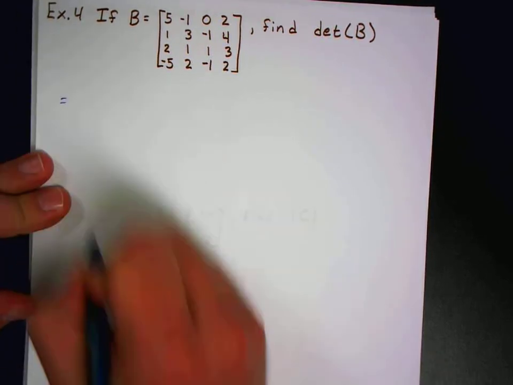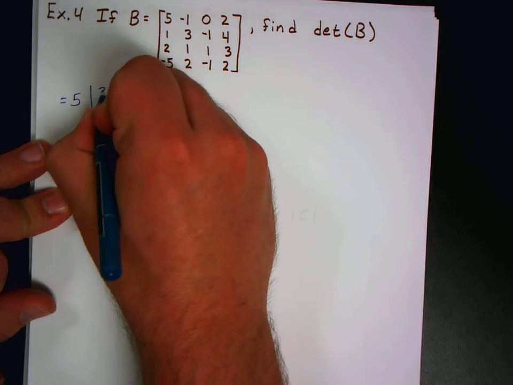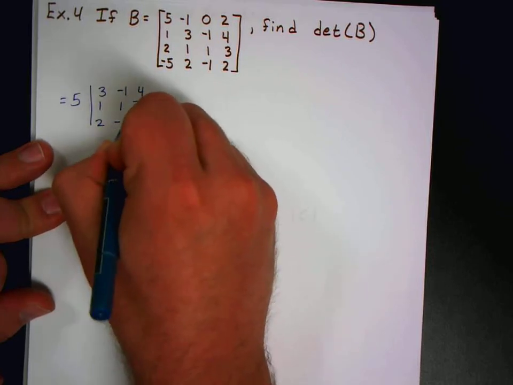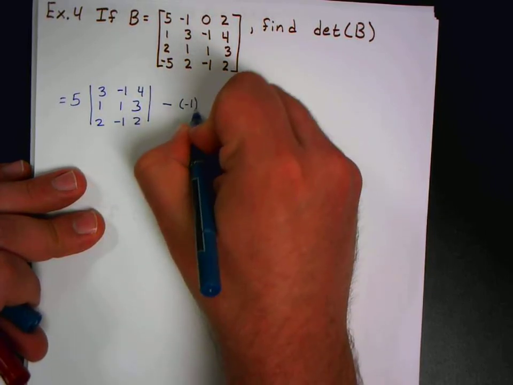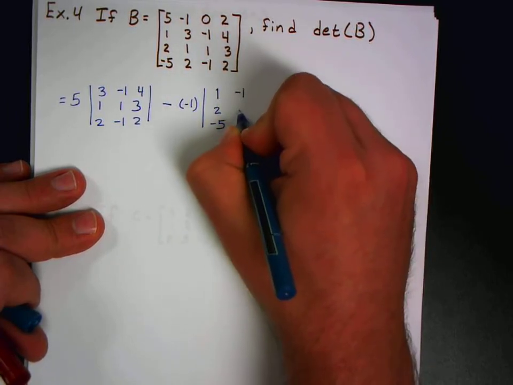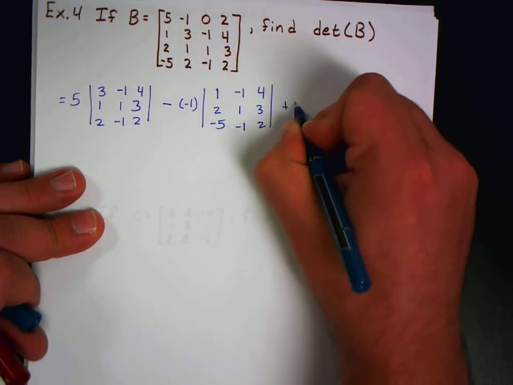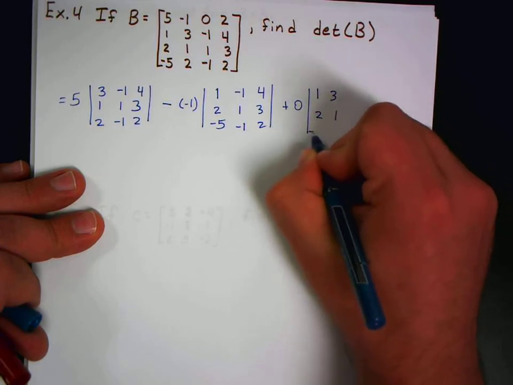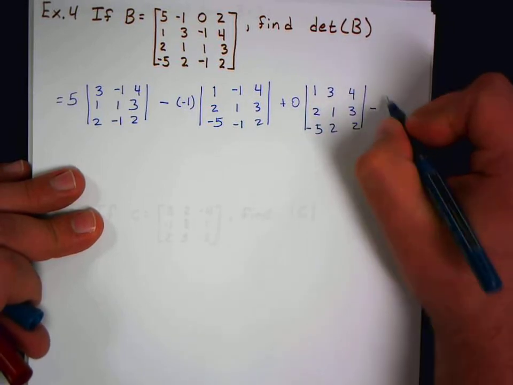So what this one would look like, where you start it, is 5 times the determinant of 3, negative 1, 4, 1, 1, 3, 2, negative 1, 2, minus negative 1 times the determinant of 1, 2, negative 5, negative 1, 1, negative 1, 4, 3, 2, plus 0 times the determinant of 1, 3, 2, 1, negative 5, 2, 3, 2, minus 2.